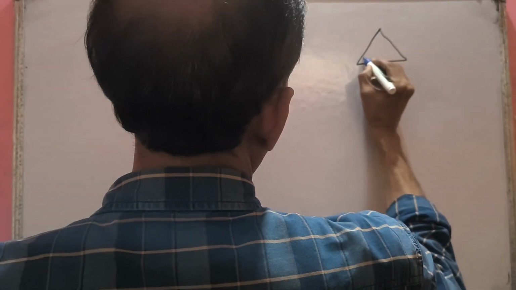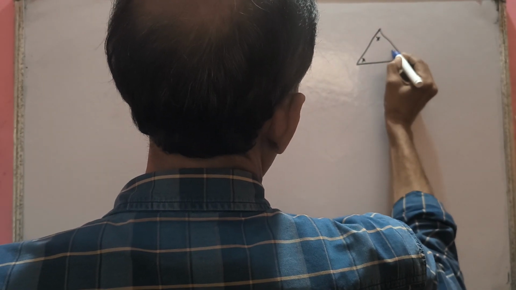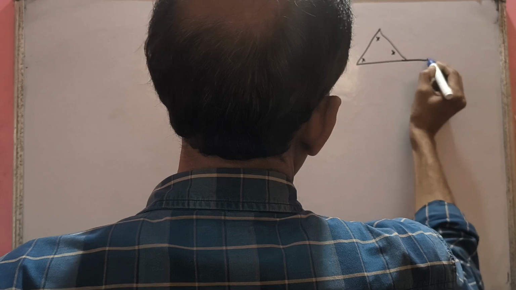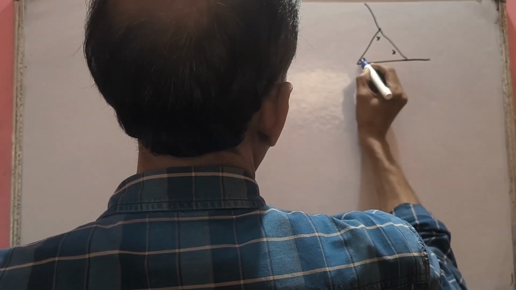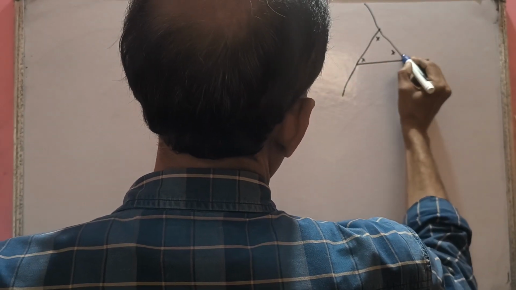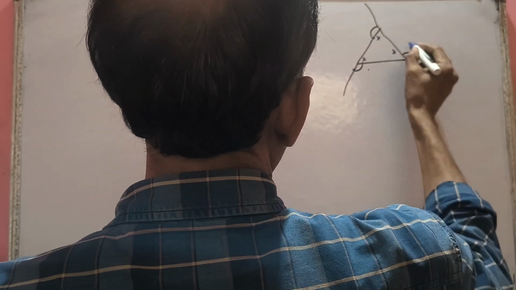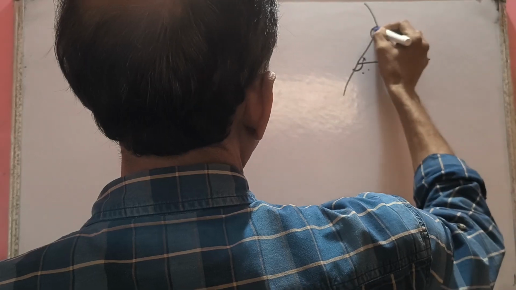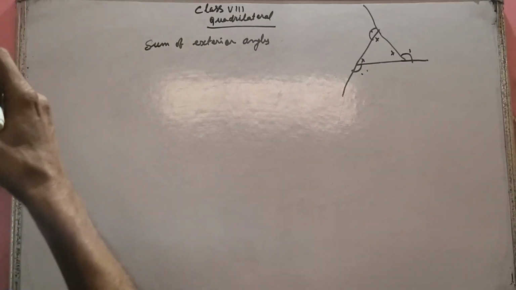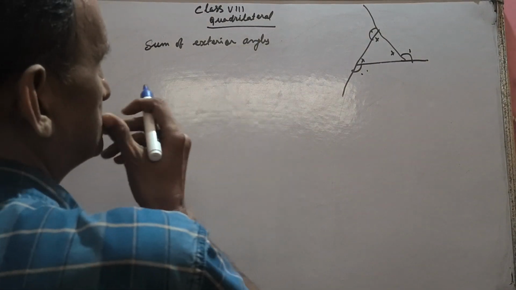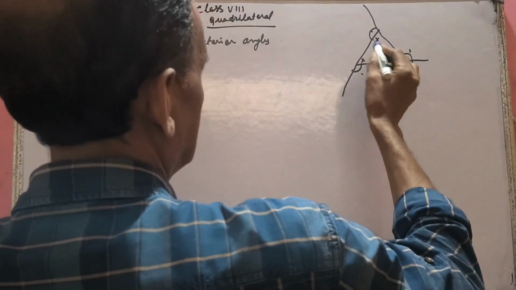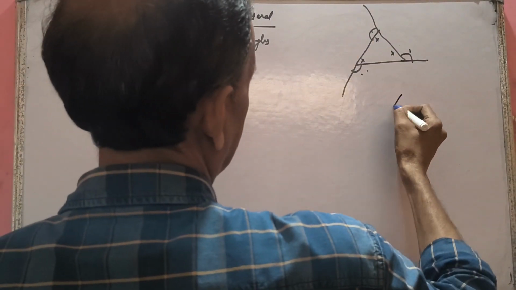Suppose these are the three interior angles. When you produce the sides, you will get exterior angles. The sum of this angle, this angle and this angle is called the sum of exterior angles of a polygon. It may be a triangle, it may be a quadrilateral also.